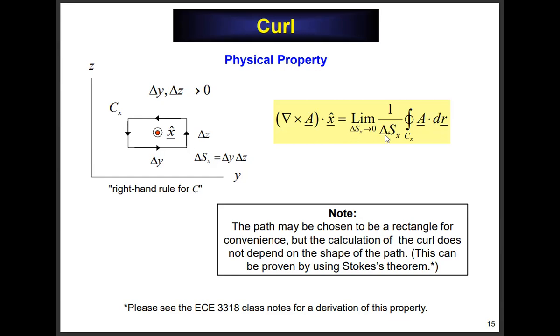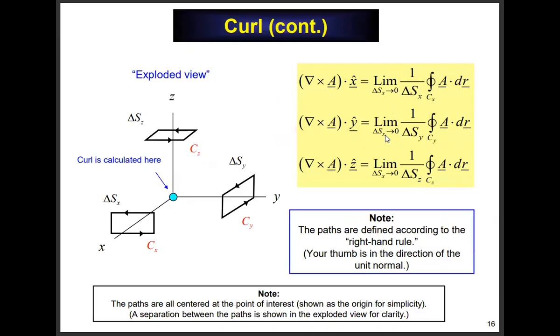Take the limit as the area shrinks down. And that's what's called the X component of the curl at that point. And similarly for Y and Z components, as this slide shows, this exploded view. Taking the curl at some point, the origin, you've got the paths CX, CY, CZ, all defined with the right-hand rule, fingers of the right hand giving you the sense of integration.